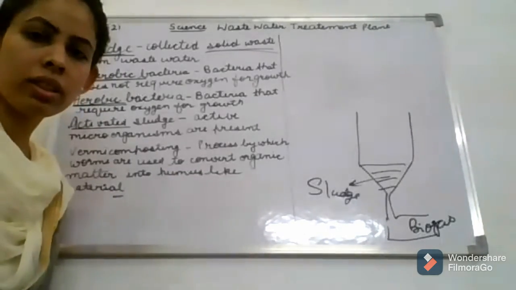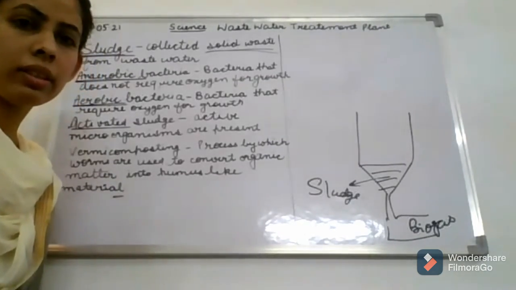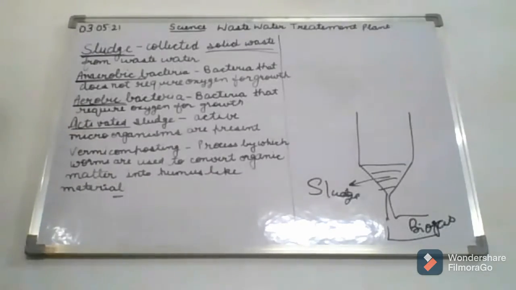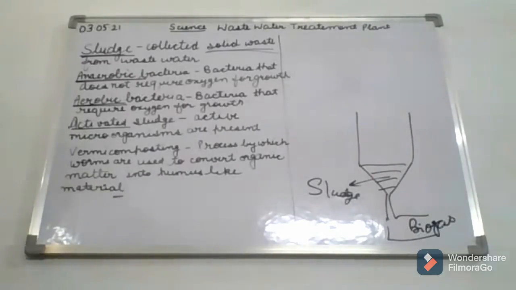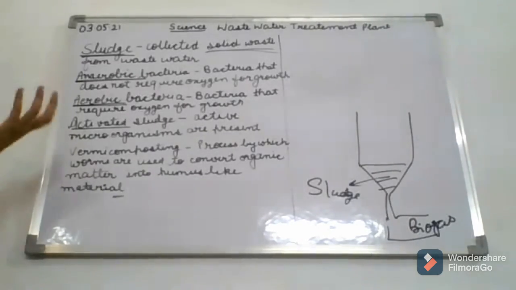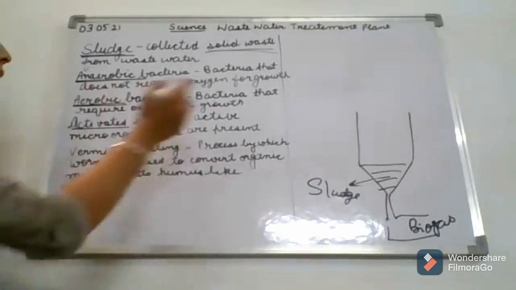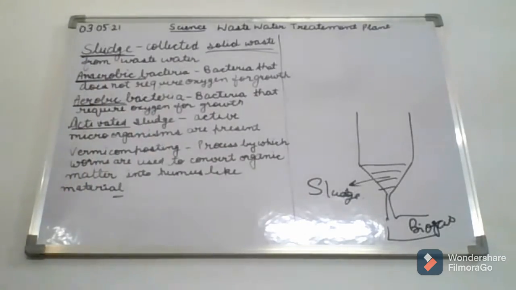Yes, Krish? Ma'am, can you repeat the functions of aerobic and anaerobic bacteria again? What do the aerobic bacteria do? They are the bacteria that require oxygen for growth. That means they will work only in the presence of oxygen.